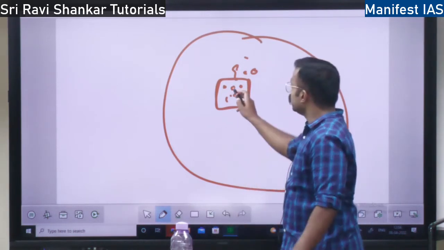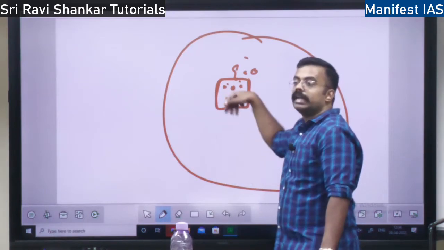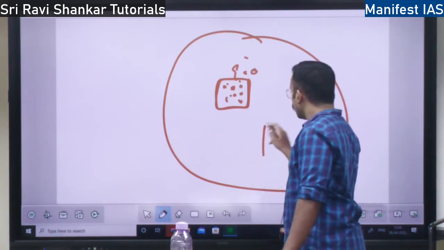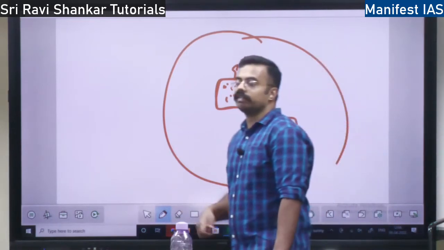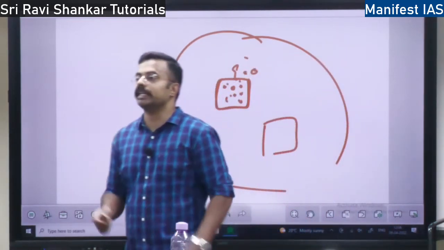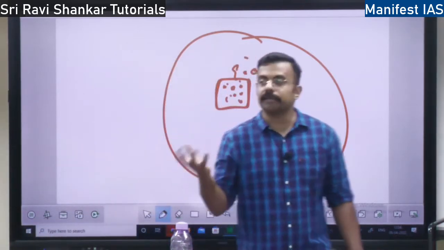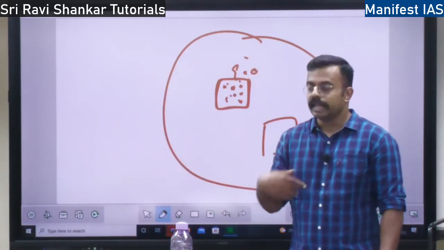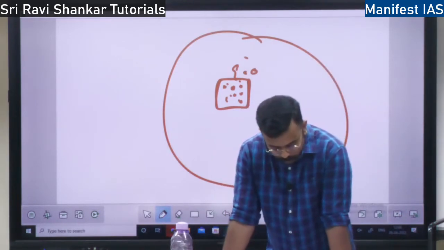Let's say there is a community of humans. They will be interacting with the environment and exchanging material. We take material from the trees, timber and all those things. So there is exchange of material. So this is about the ecosystem.